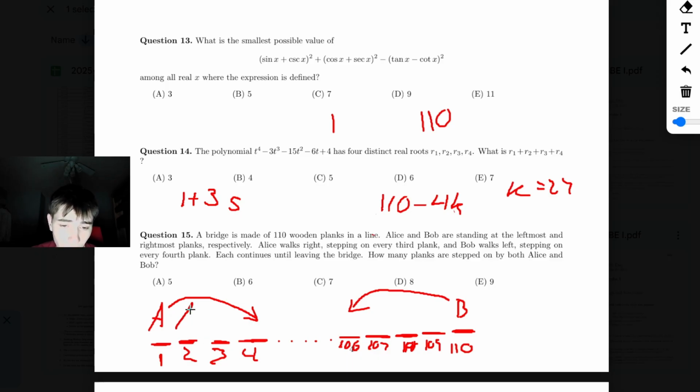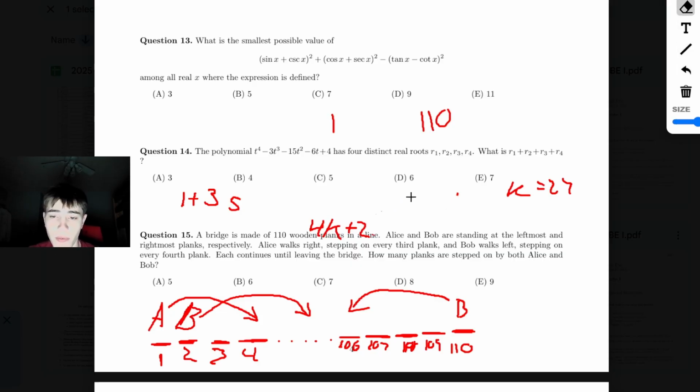So Bob will also be starting, it'll be analogous to if Bob started at step 2 and then stepped forward every 4. So it'll be 4k plus 2.